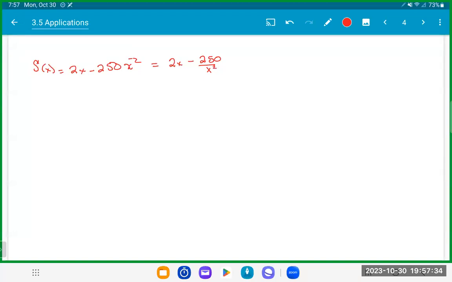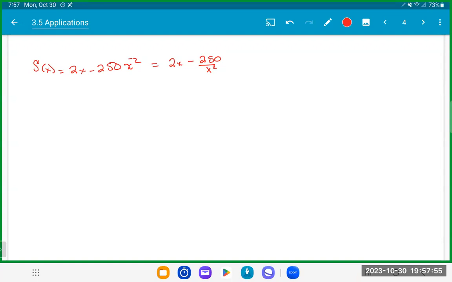Since our derivative exists for all X's on that interval, because our interval is from 0 to infinity with the parenthesis on the 0, it wouldn't be restricted by the denominator since 0 is not in our domain. Then we only have the one critical value.